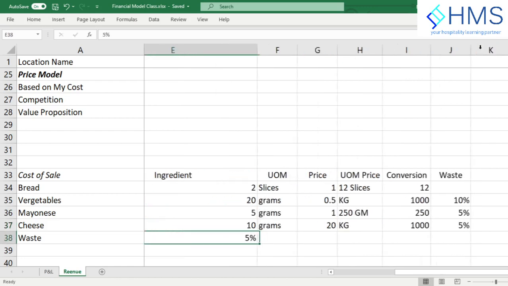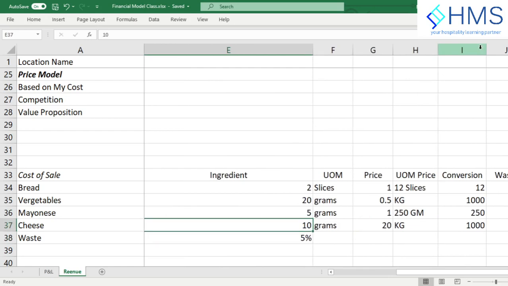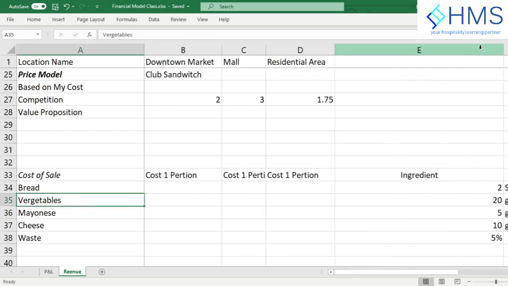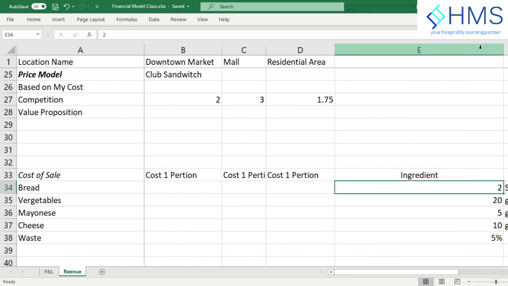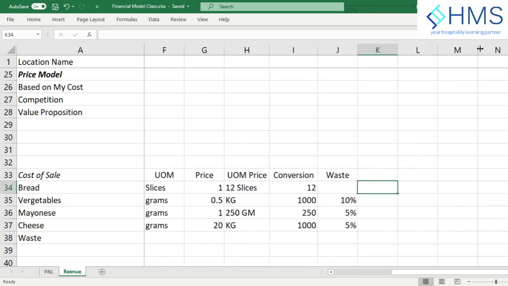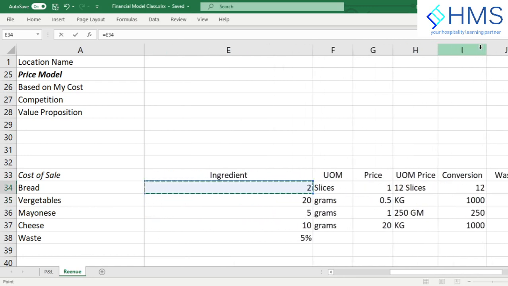Now, how are you going to put up the formula? The formula is going to be: the cost is the unit of ingredient multiplied by the price divided by the unit of measurement, multiplied by 1 plus the waste percentage.